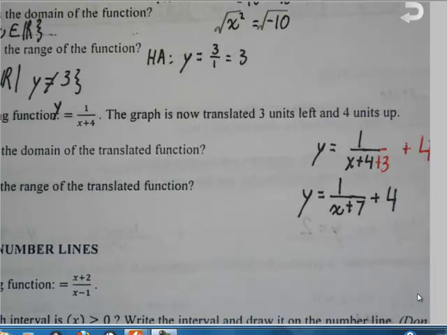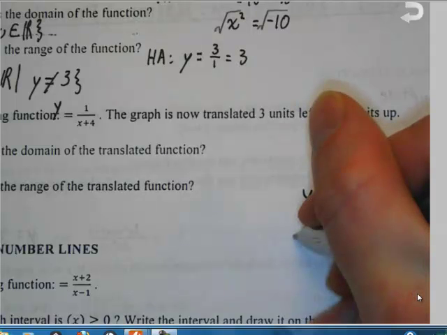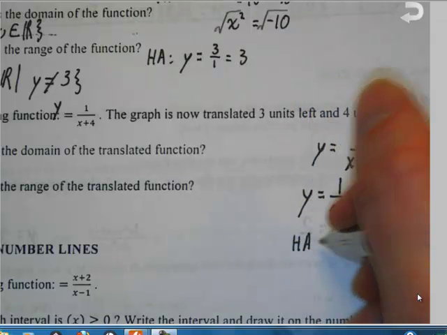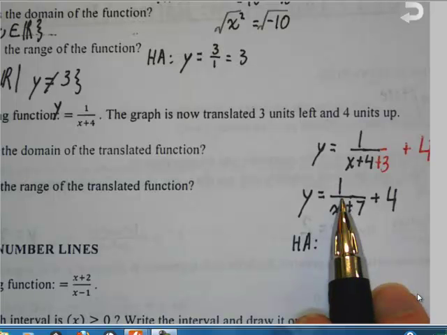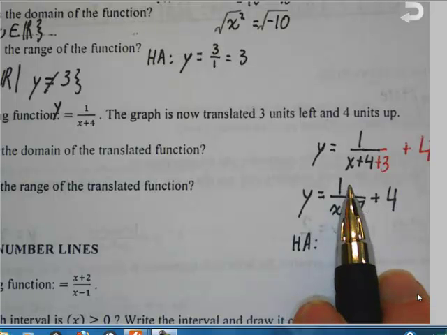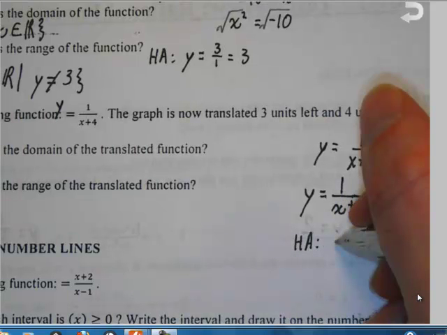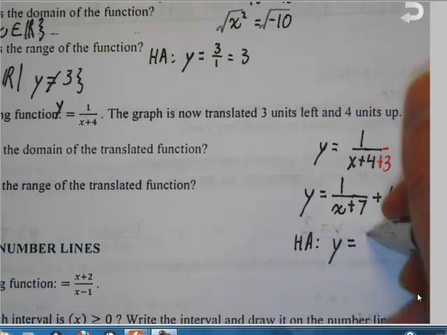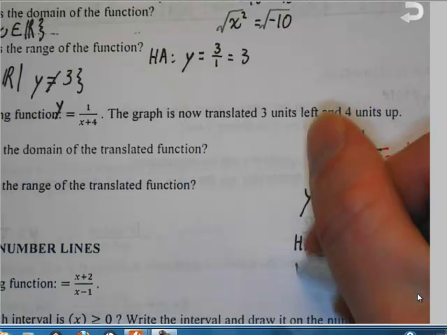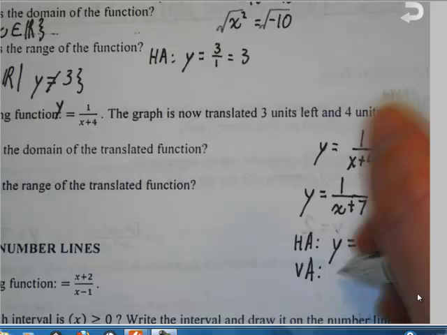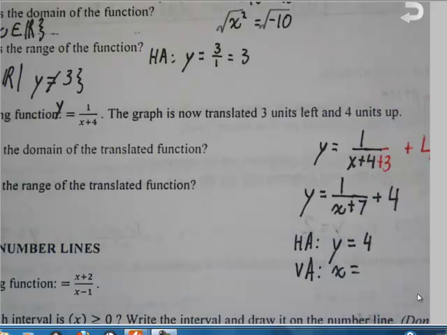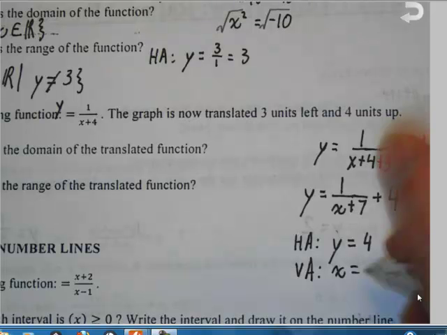Now immediately that tells you that you have a horizontal asymptote. You have 0 here because 1 has a degree of 0 and x has a degree of 1, but then you add 4. So you have a horizontal asymptote of y equals 4, and a vertical asymptote of x equals, remember, insiders lie, so it's not positive 7, it's negative 7.